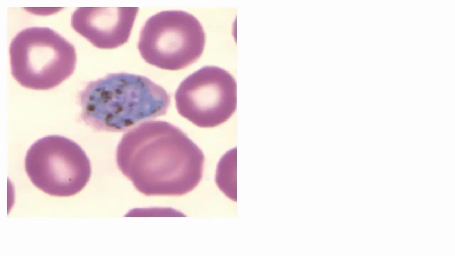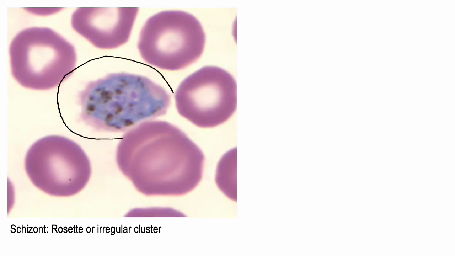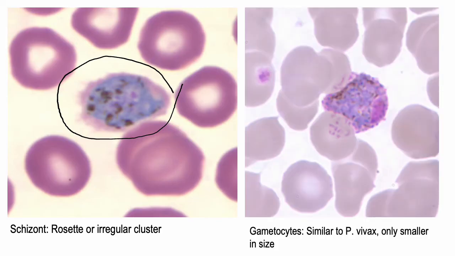Next one is the schizont. As you can see, the presence of fimbriation is still evident at this stage. These also have a rosette or irregular cluster just like Plasmodium malariae. And lastly, the gametocytes are similar to P. vivax but smaller in size.